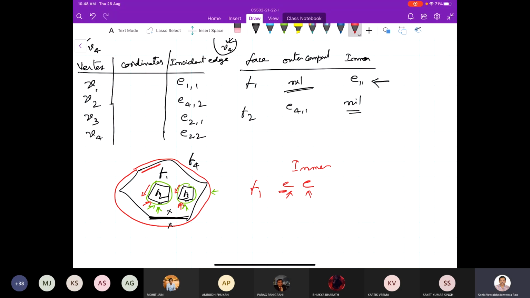You take one edge and output the boundary of one of them, then take the other and output the boundary of the other. For the outer component, you will have one edge of this one. Use that one and output its boundary. So basically we are reporting the outer boundary and inner boundaries of this face F1.